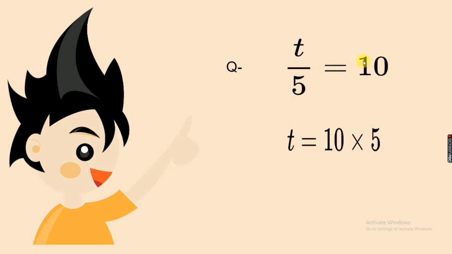This 5 transposed to this side. So multiplying 10 with 5, we got t is equal to 50. So this is the value of our variable, 50, which was the required answer.